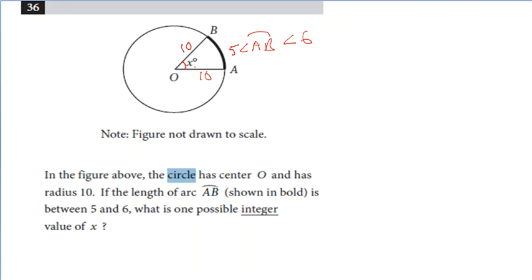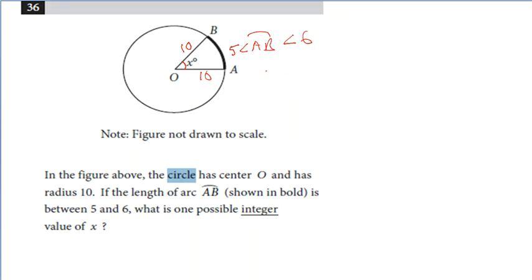So we are asked to find what this x degrees is, and we are only interested in the integer values. That is, if it comes out to be like 9.3, we are only interested in a number that is above that.